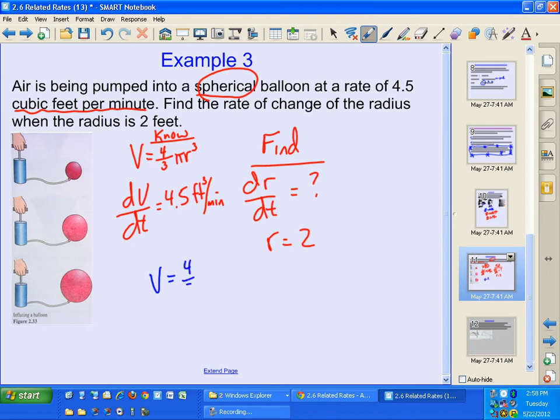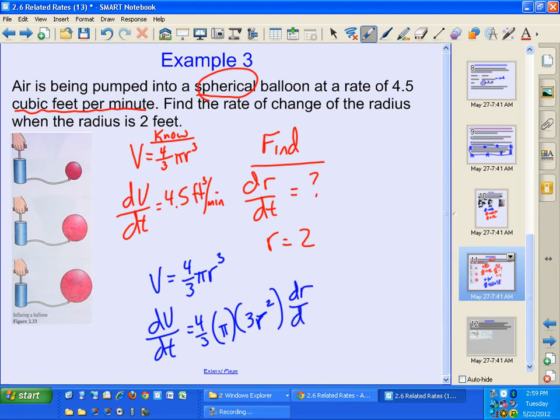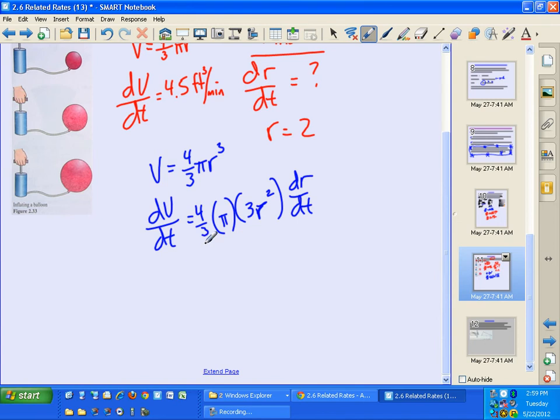And so that would give me dV/dt equals 4/3 times pi times 3r squared dr/dt. Well, if that's the case, then I can simplify this and get dV/dt equals 4 pi r squared dr/dt.